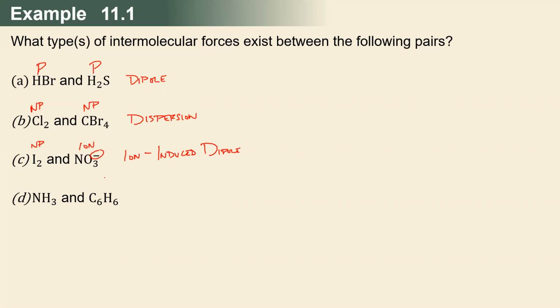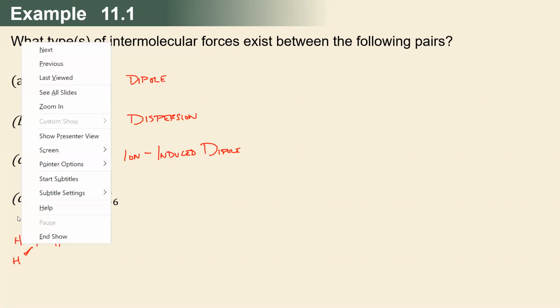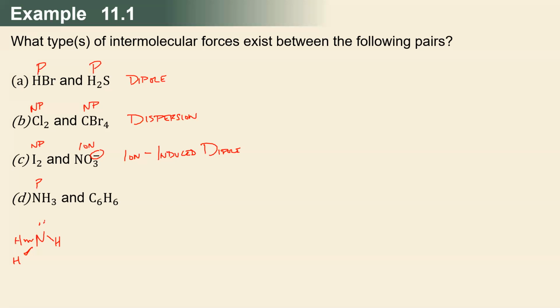All right, how about NH3, polar or nonpolar? Nonpolar. It is polar because it has a lone pair. So ammonia looks something like this. Did you do wedges and dashes? It's got a lone pair at the top, and so all those bond dipoles sort of point in one direction. So NH3 is polar.